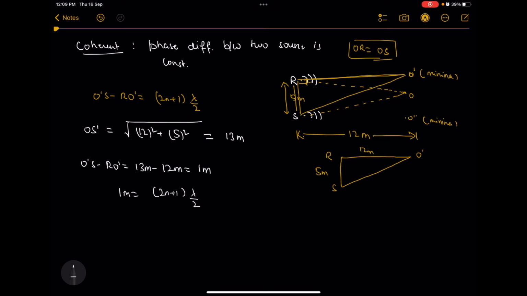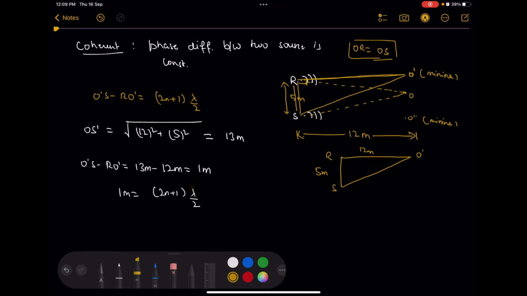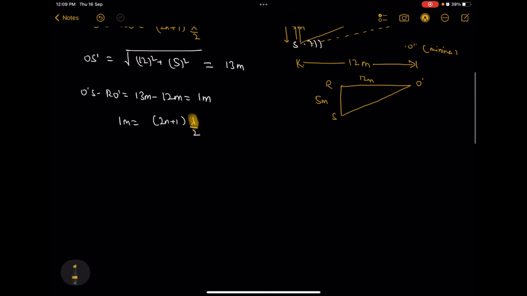Now the trouble is that I don't know the wavelength of the sound wave. What I know is the velocity of the sound wave, and what I need to find out is the frequency. We know the relation v equals lambda f, which implies lambda equals v upon f.